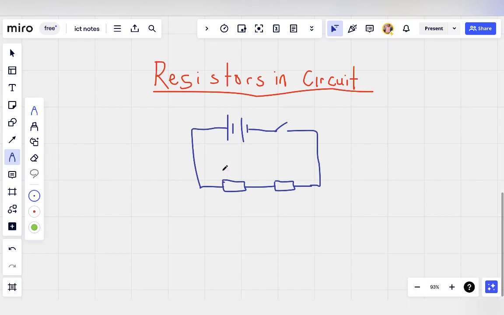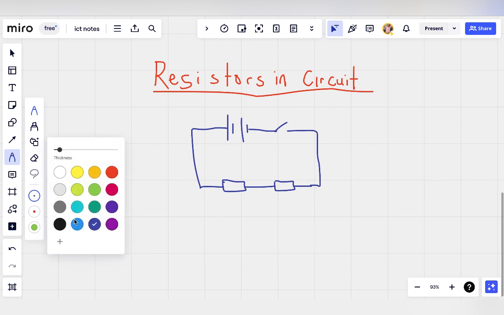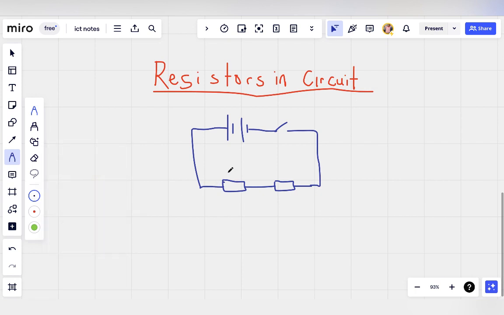Let's call this one R1 and this one R2. And let's give them values.